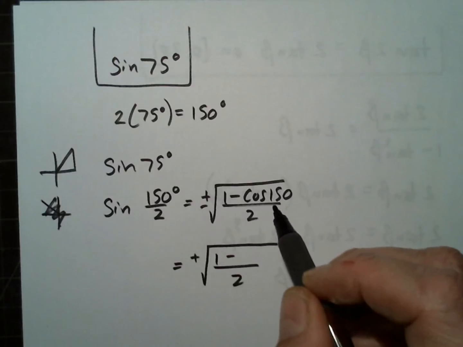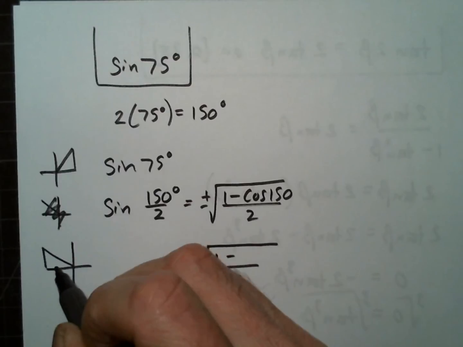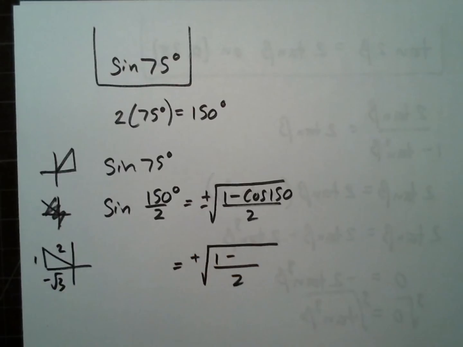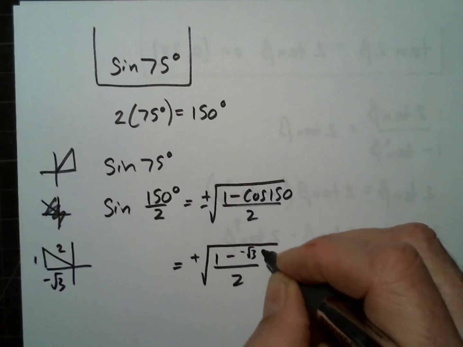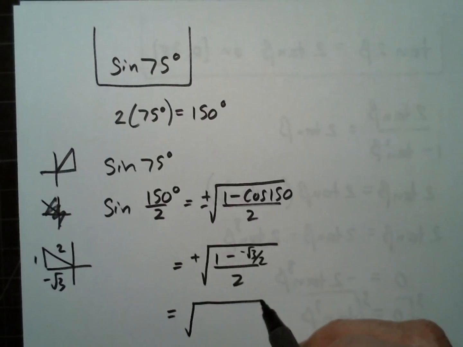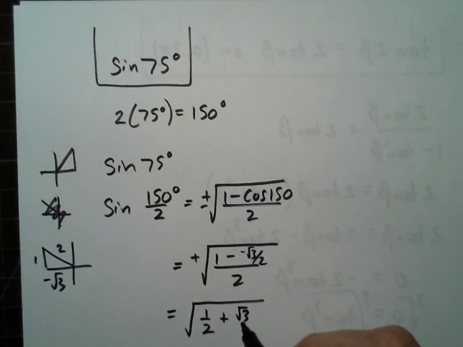Cosine. Now we have to evaluate cosine 150, so we can look at 150. That's a 30-degree angle, so that'll be a 1, 2, radical 3. And we want the cosine of that, so that's going to be negative radical 3 over 2. Plus radical 3 over 4. And we're going to get a common denominator.